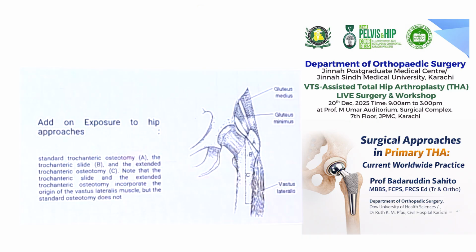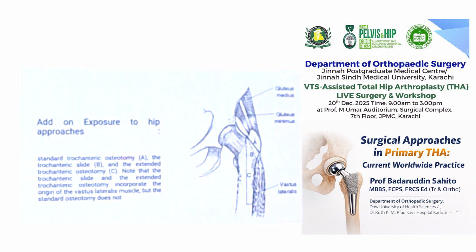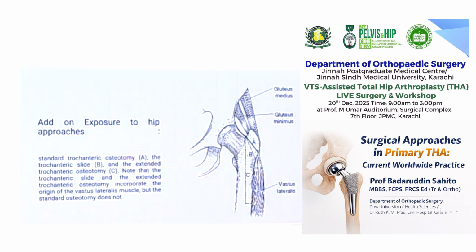If you want to add exposure to all these approaches, you have 3 types of osteotomies around the hip joint. If you see here, the gluteus medius and minimus are attached here. If you make an osteotomy through the greater trochanter, both attachments go with the trochanter. This is the standard trochanteric osteotomy.